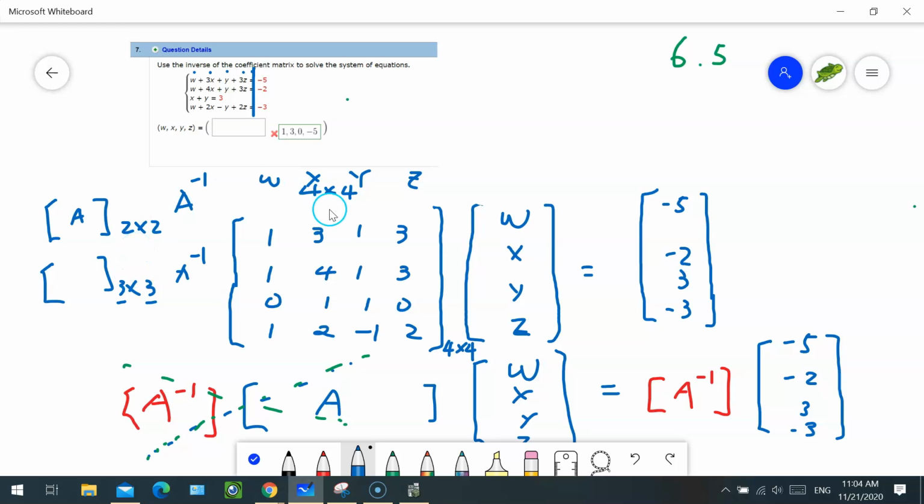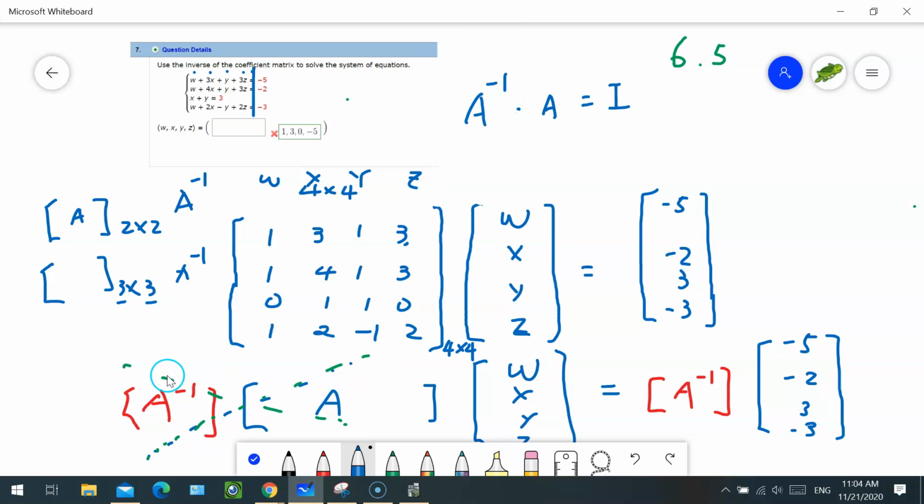Now, in order to find these 4 unknown variables, the idea is to use the theorem that the inverse of the matrix multiplied with the matrix itself goes back to the identity matrix. And your inverse matrix always stays in the front.